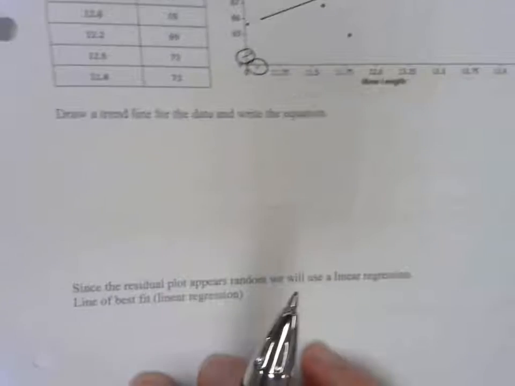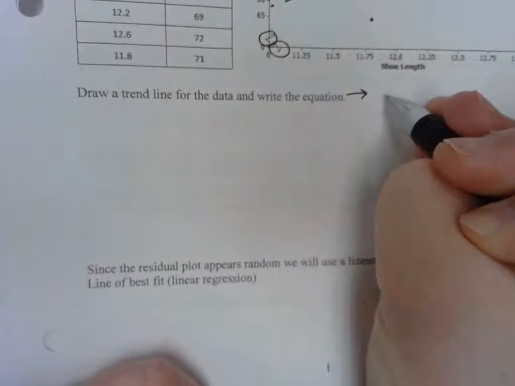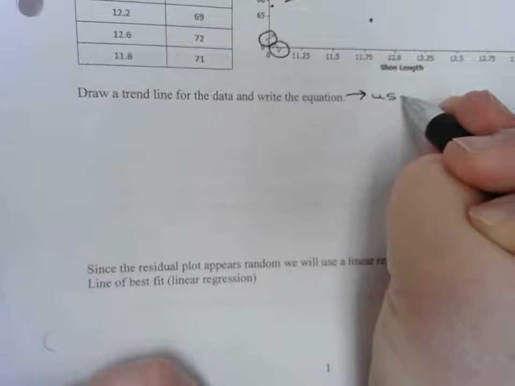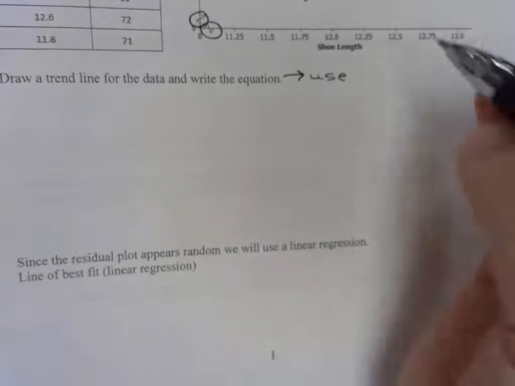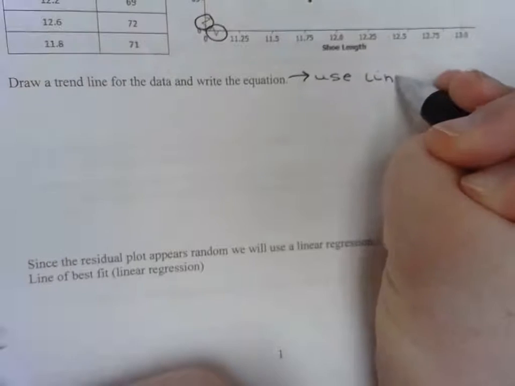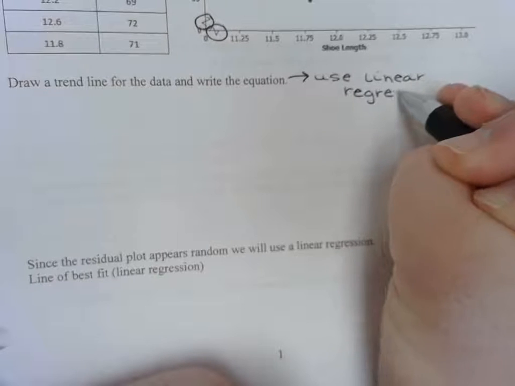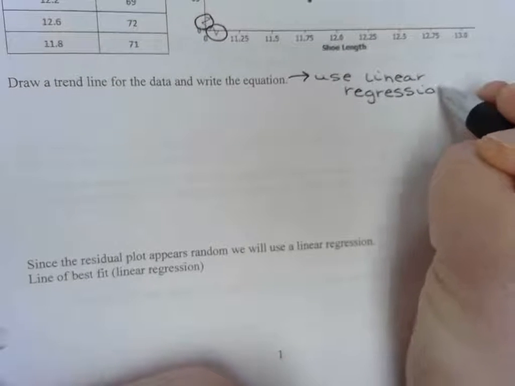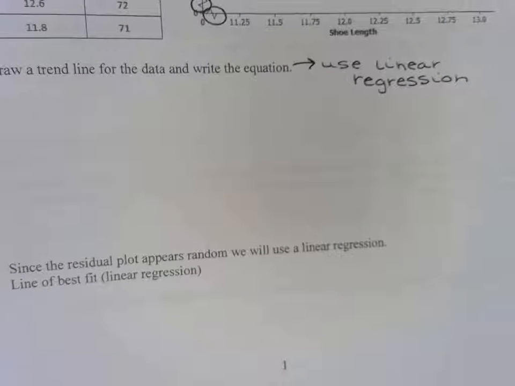So what we're going to use to find the equation is, now on the homework and on the test it's going to say something like use linear regression. Basically what that means is if it's not easy to find the y-intercept and the slope, like in this case, we can use our calculator, Desmos, to find the equation of the line. And that's what we're going to do now.